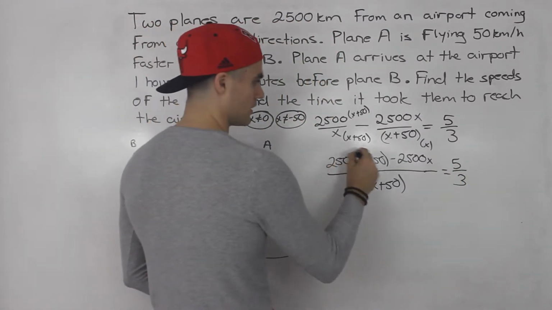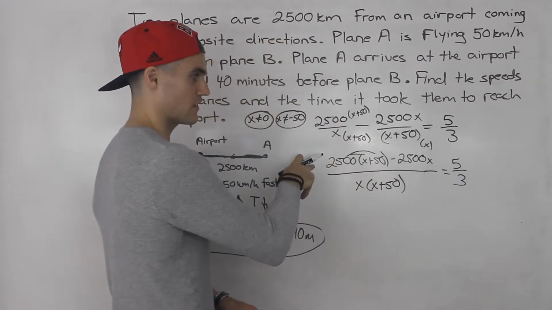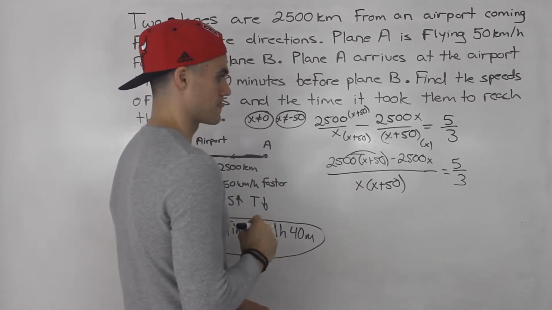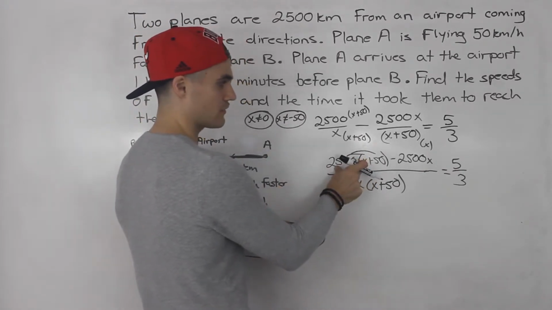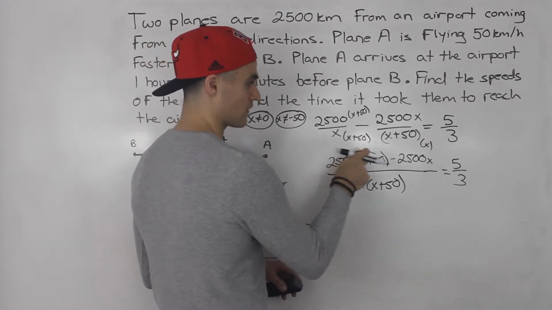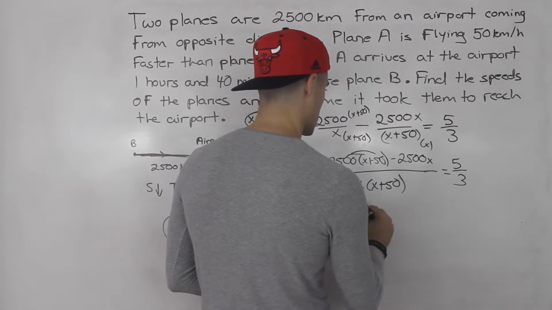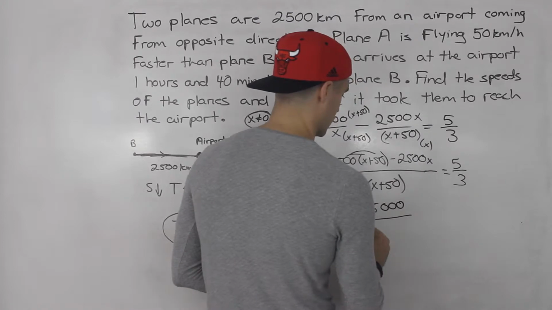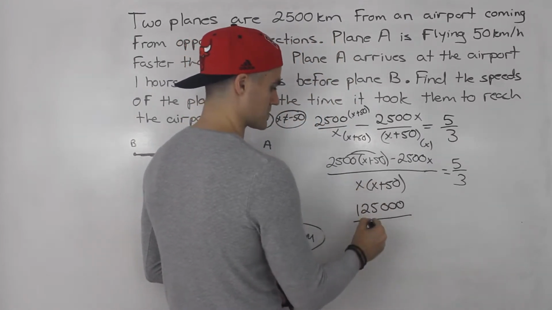Okay, and now here we just have to simplify the numerator. So distribute that 2500 inside the bracket. So we'd have 2500x, and then 2500x minus 2500x, those just cancel out. And then 2500 times 50, that gives us what? 125,000 all over x times x plus 50.